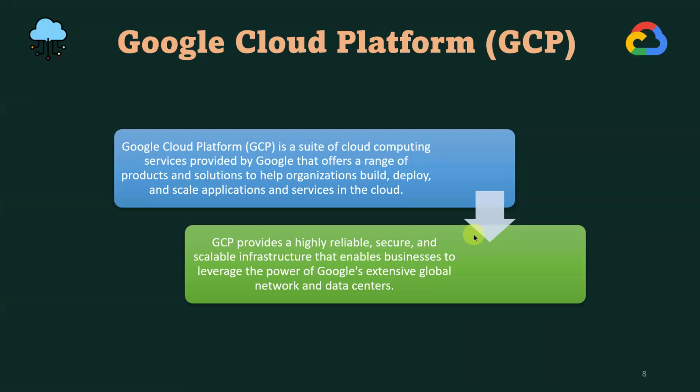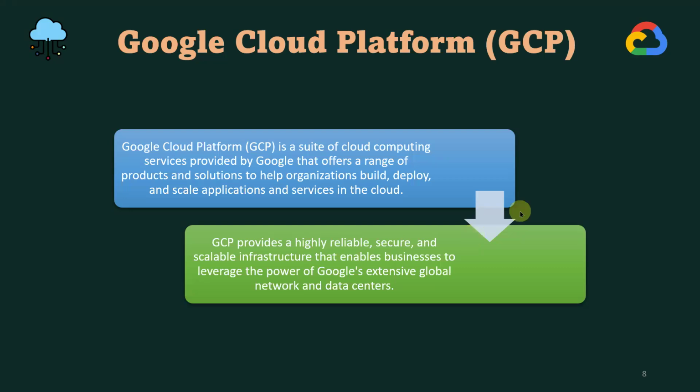These services are highly scalable, reliable, and secure. It has its infrastructure throughout the world. Google has its own data centers in India also, in Mumbai as well as Delhi.